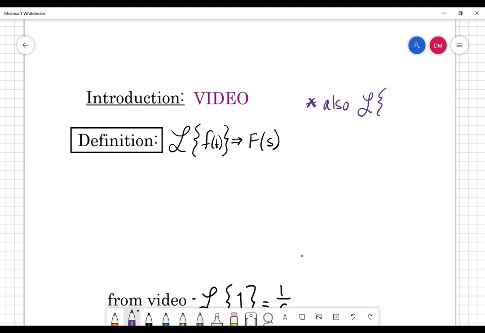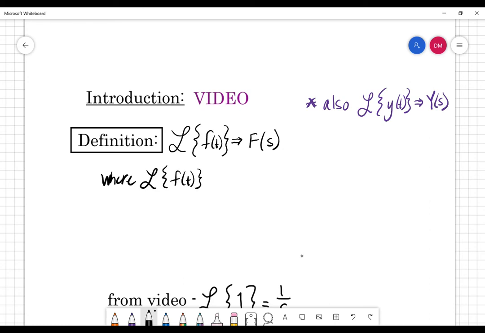Some people will do the Laplace of y of t, and it becomes uppercase Y of s. I definitely have done some examples that you will see using y's instead of f's. Now, this probably doesn't mean a whole lot. Let's go ahead and define what this Laplace of f of t actually is.